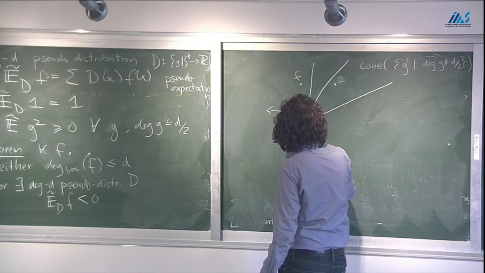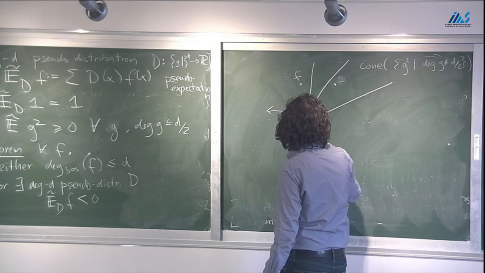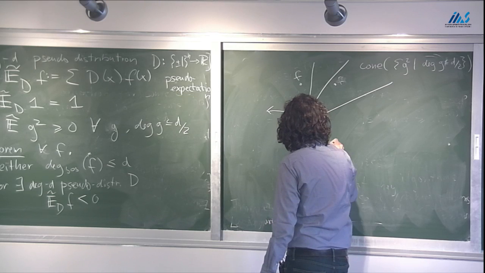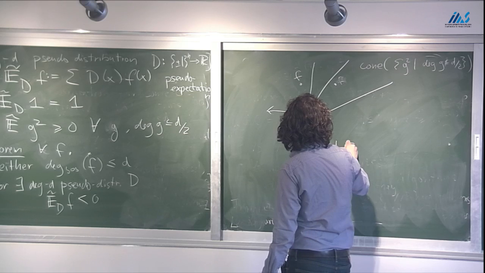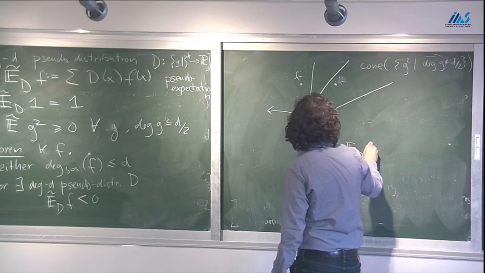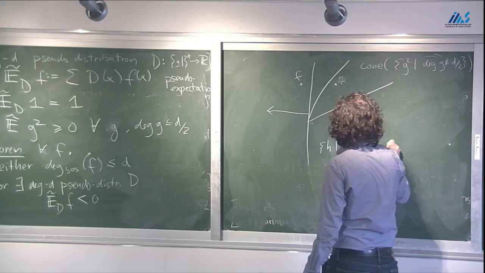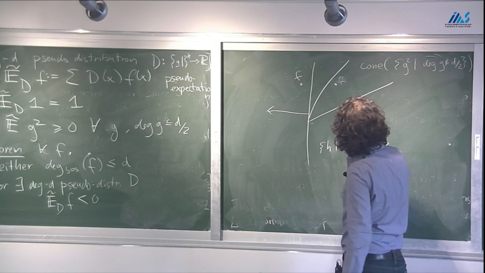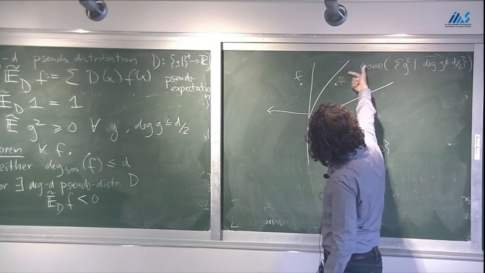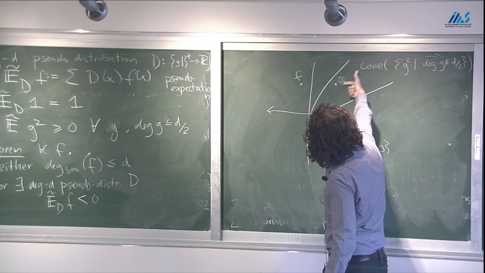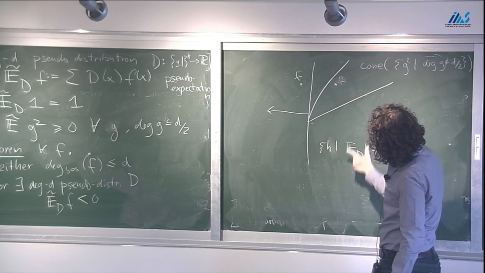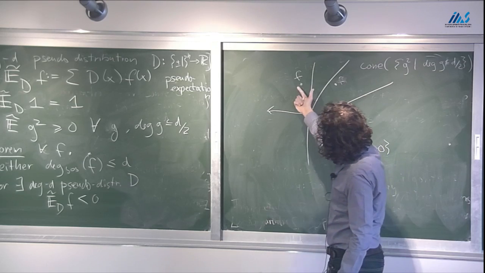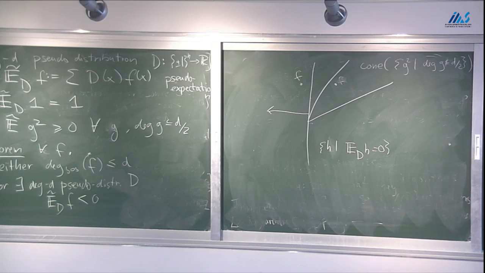So this hyperplane, you can describe it as all functions h such that this is 0. So this is the form of the hyperplane, and all these functions have this linear form non-negative, but at f it's negative.